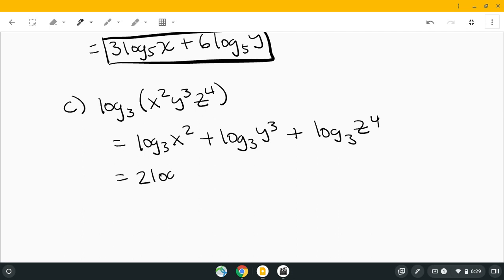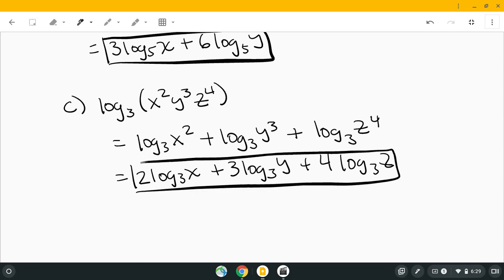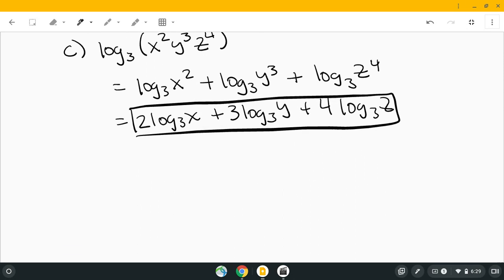So 2 log 3 x, 3 log 3 y, and 4 log 3 z. And this would be your final answer. And if I had some more here, if I had x squared y cubed z to the 4th w to the 7th, then I would tag on plus log base 3 w to the 7th. But then I would bring that 7th down to the front.